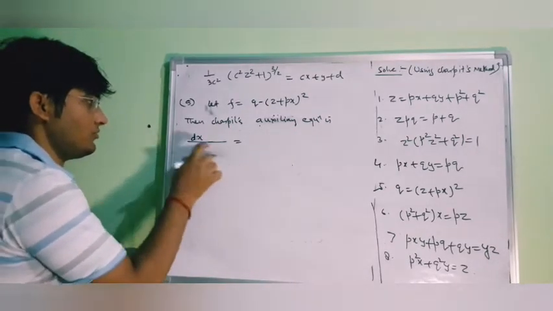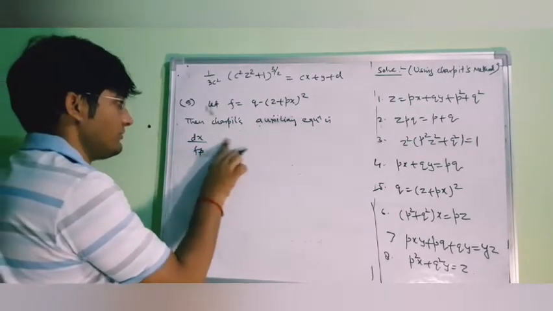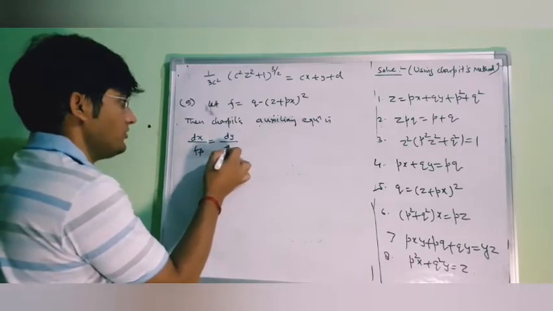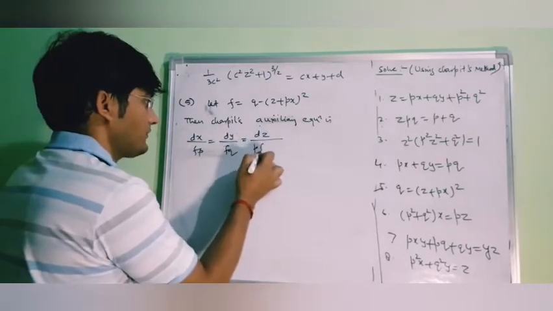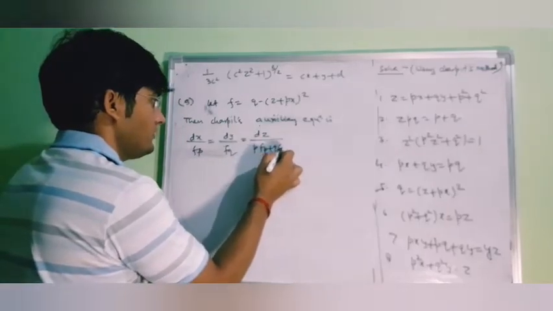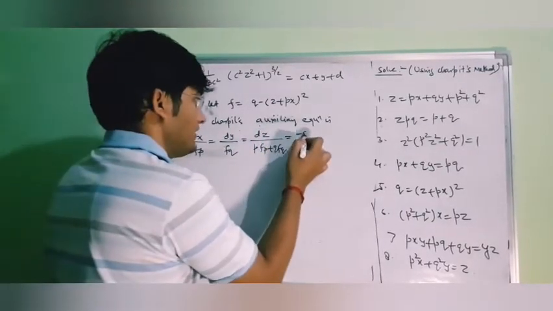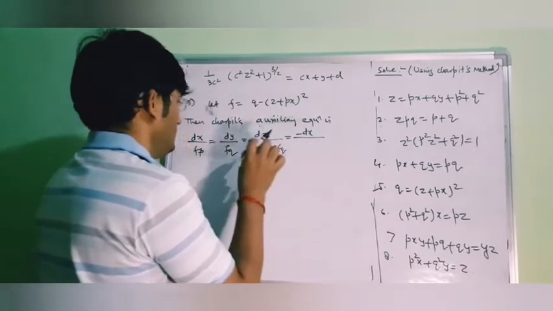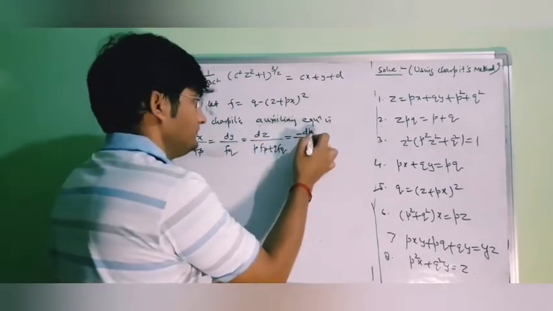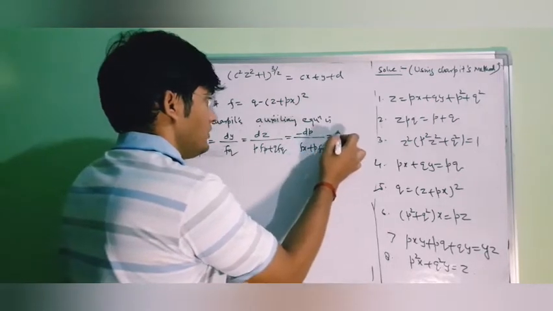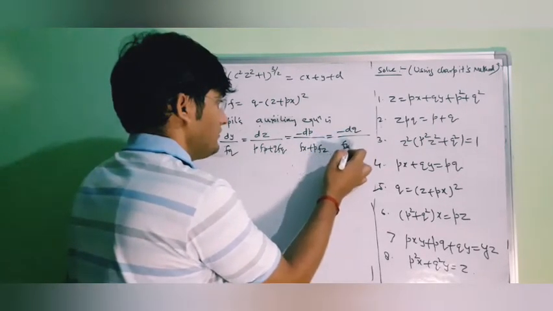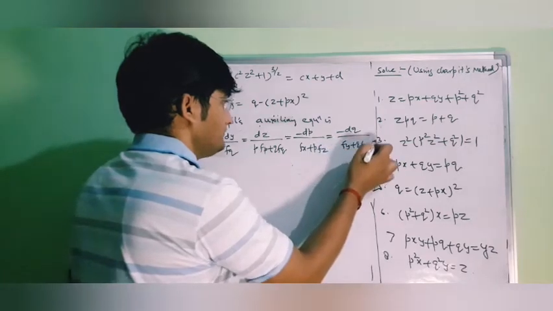Let us write the formula first. So this is dx upon fp equal to dy upon fq equal to dz upon pfp plus qfq equal to minus dp upon fx plus pfz equal to minus dq upon fy plus qfz.